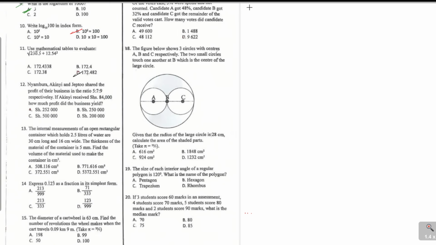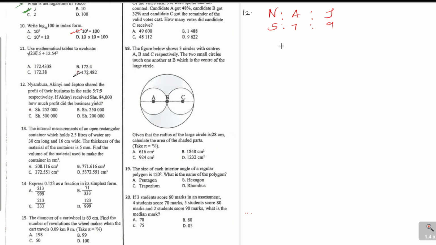So denote Nyambura with N. Then we have Akinyi with A. The ratio is 5:7:9. So Akinyi received 84,000. So let us see the fraction of this profit that Akinyi received.